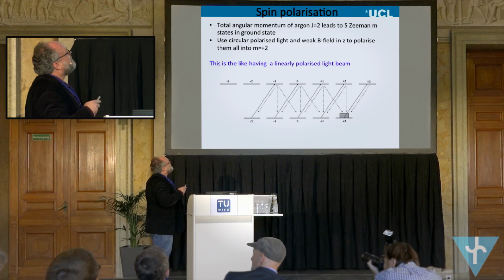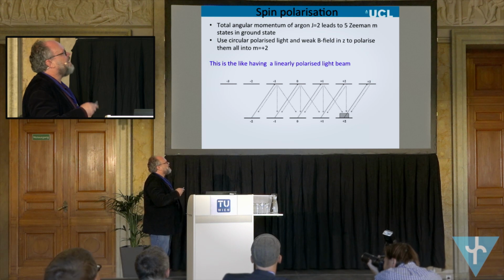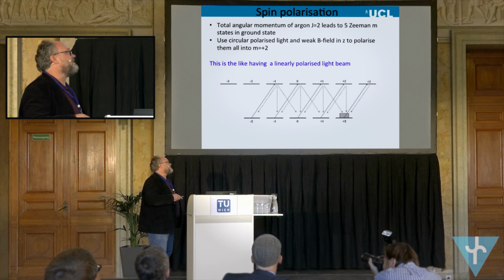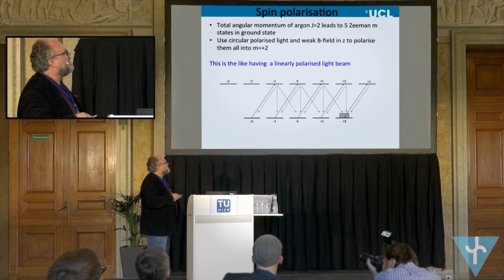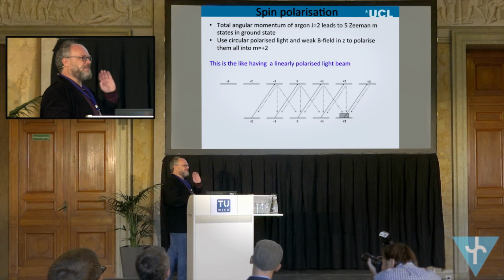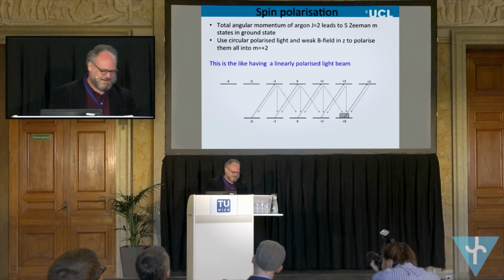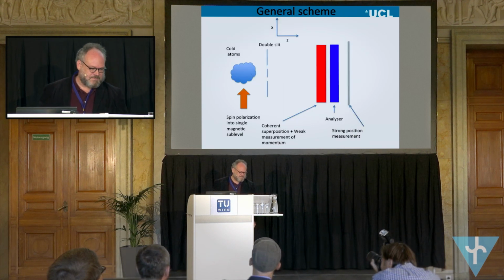We use circularly polarized light in what's called a magneto-optical trap, which holds these atoms. We can use either sigma plus or sigma minus light and pump to one of these states, either the +2 or -2. That's our polarization, like our linearly polarized light, in our case polarized atoms.